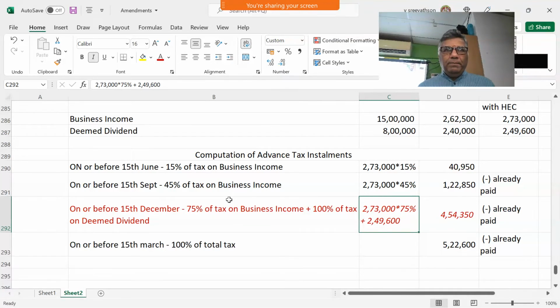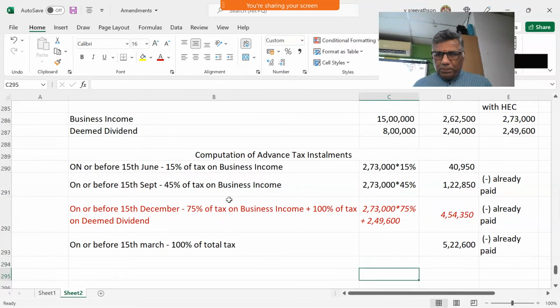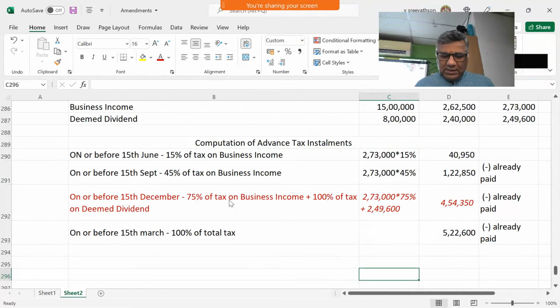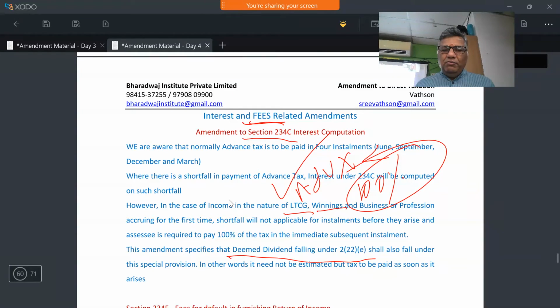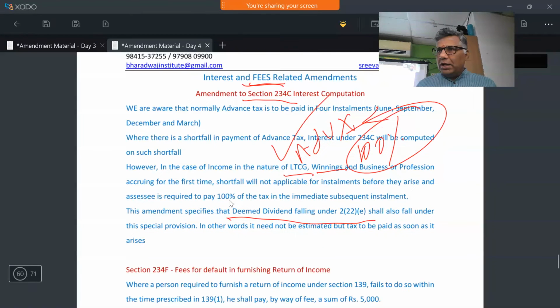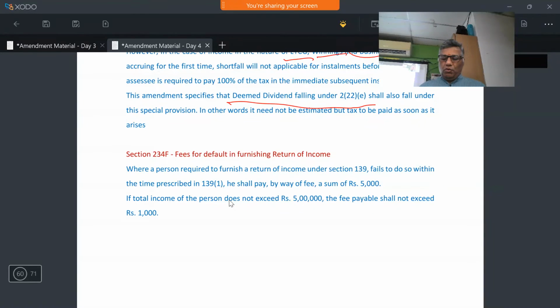So please understand this is about deemed dividend, which is included in 234C. 234F, as I told you, is restricted to 5,000 now. And if the person's income does not exceed 5 lakhs, it is only 1,000.